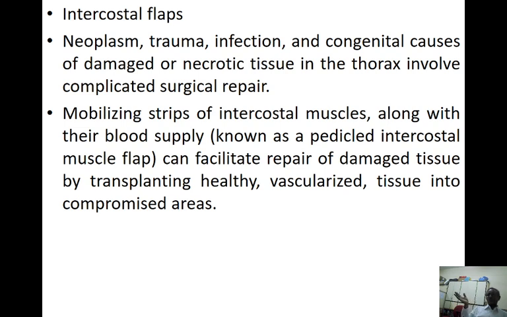So, if a part of the thorax is involved in injury, infection or ulcer and that part is lost or necrosed, then we can mobilize a part of the intercostal muscle along with its blood supply, which we call a pedicle intercostal muscle flap. It can be transplanted onto the damaged tissue, and since it has its own vascularization, it is going to survive definitely.